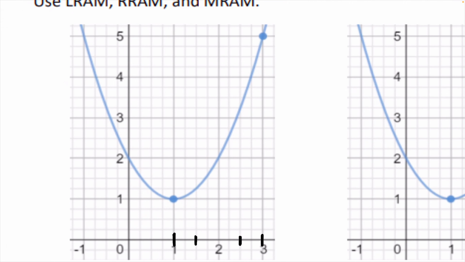So I'm going to go up until I hit the function, and then I'm going to go over to 1.5, and then go straight down. Pick up at 1.5. I need to go up until I hit the function. So I'm going to hit the function right there, and then I'm going to go over to 2 and go straight down.